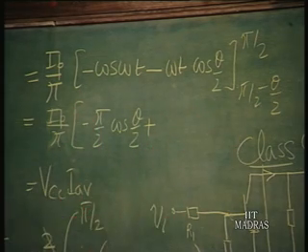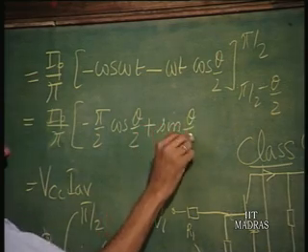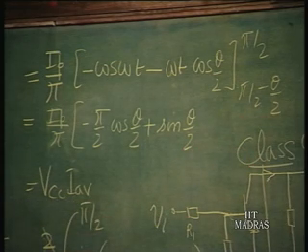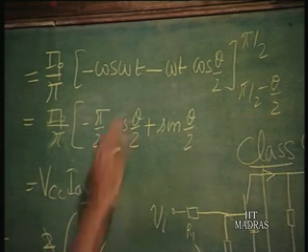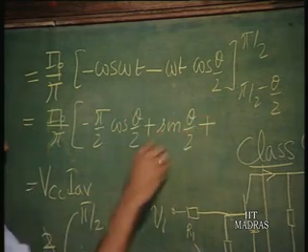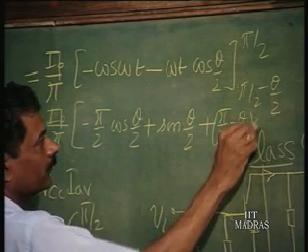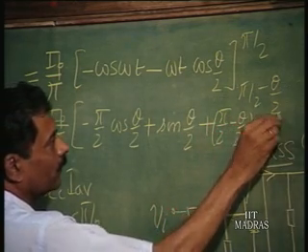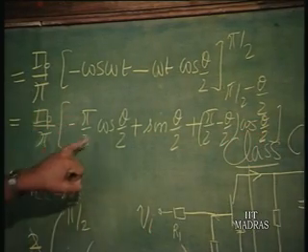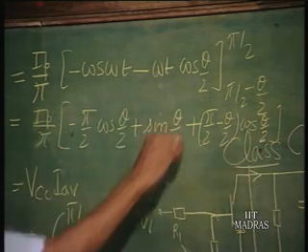Cos pi by 2 minus theta by 2 is sin theta by 2, that is over, plus pi by 2 minus theta by 2 cos theta by 2. So, we get pi by 2 cos theta by 2 minus sin, pi by 2 cos theta by 2 plus sin. So, those two get cancelled.